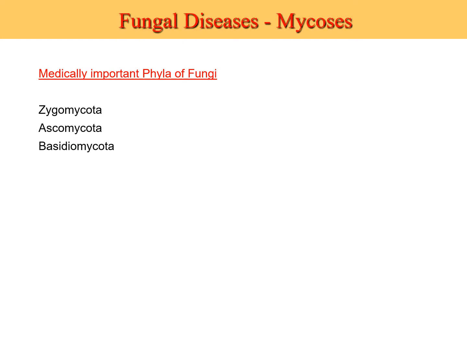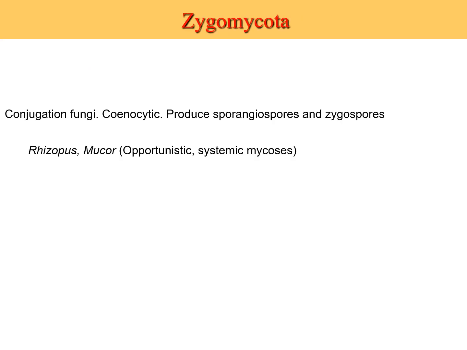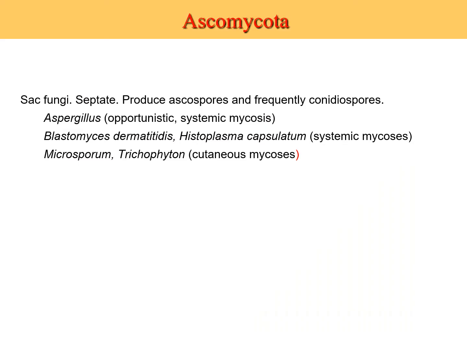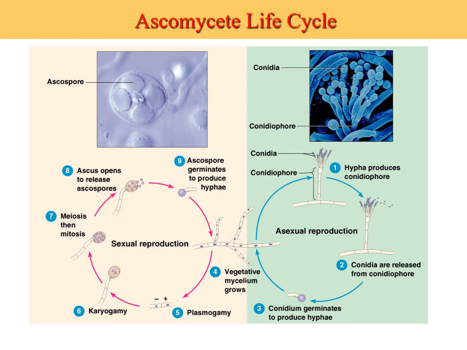There are medically important phyla. These are the phyla. Again, based on the structure of the spore-containing organisms, they're divided up into these different groups. Some have members that cause disease, so they're medically important. And these are examples which we won't get into. Another type of somewhat different life cycle. Another example, again, subtle differences in the life cycle.